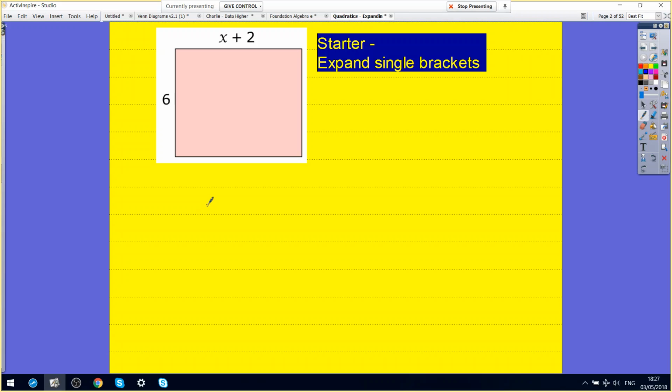I forgot that part. Do you add it all up? So that's perimeter. For area, it is base times height. So this one is 6 times x plus 2, and the short way of writing that is just 6 bracket x plus 2, like that.